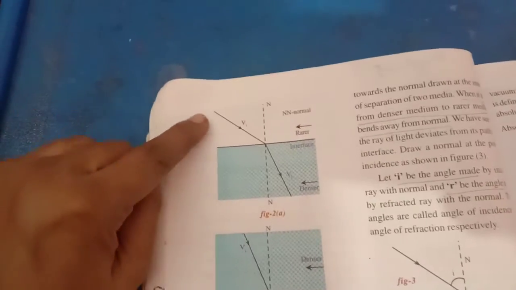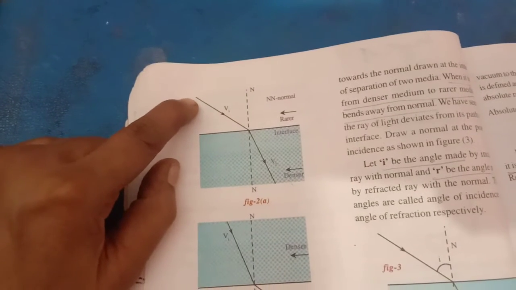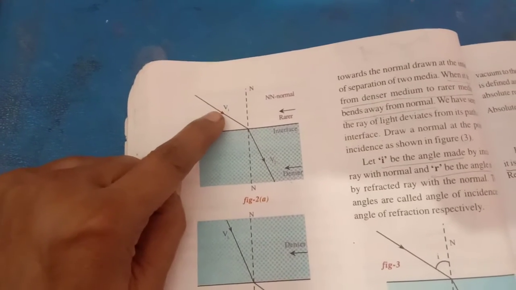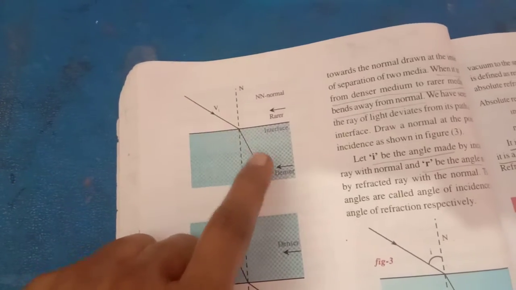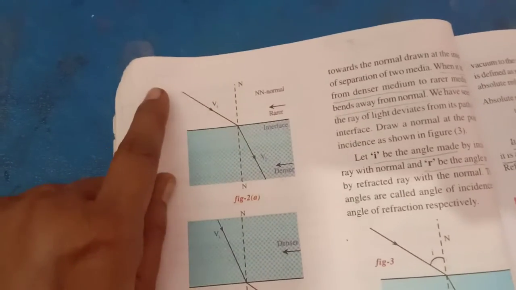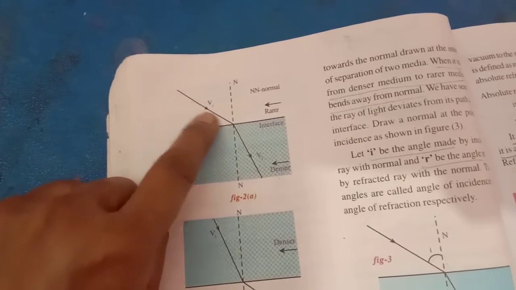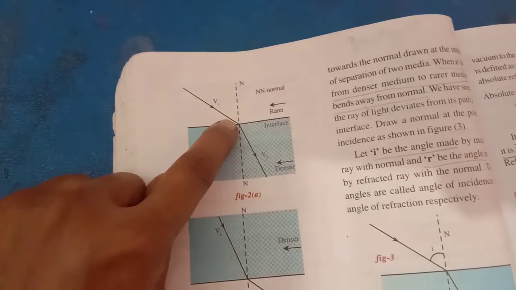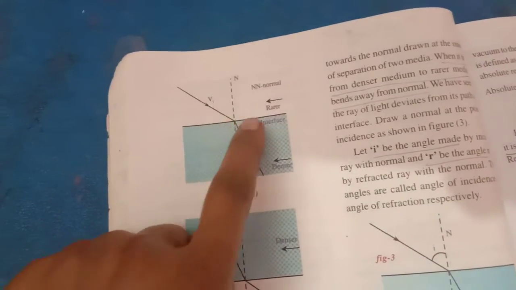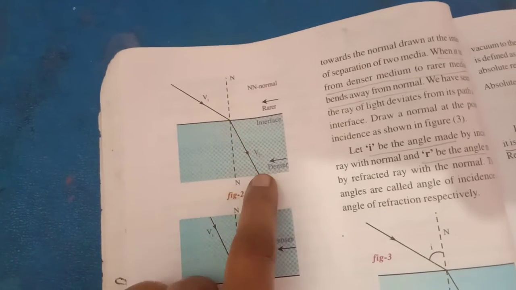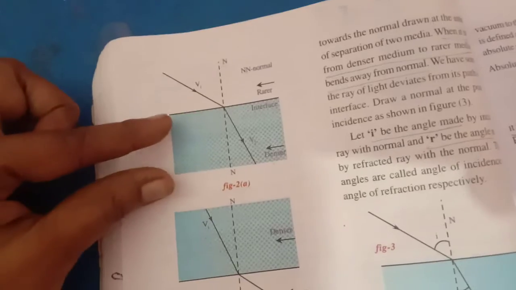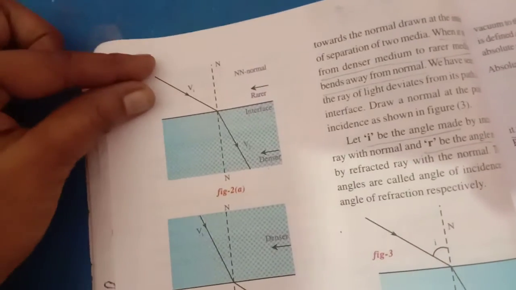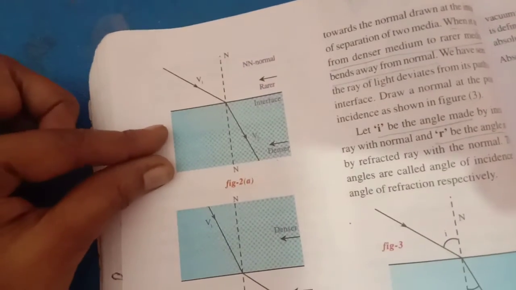Let me explain once again. When light travels in the air, the velocity V1 is different compared to the other medium. This is one medium, air, and this is another medium, water.